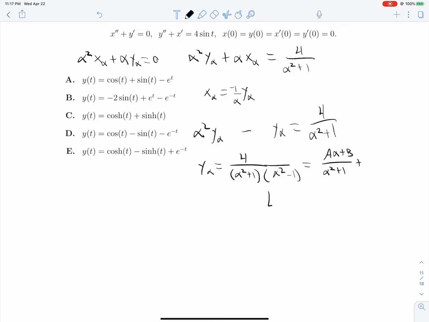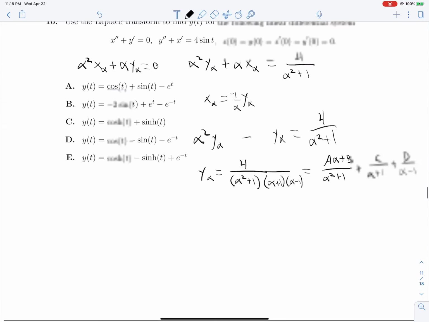Sorry, this alpha squared minus 1 is also factored into alpha plus 1 times alpha minus 1, so we need to do that, but that makes it slightly easier, but now we're dealing with three things. We have c over alpha plus 1 plus d over alpha minus 1. That's a nice looking alpha. I'm liking that. Okay. Calm down. I think we're gonna make it in the end.